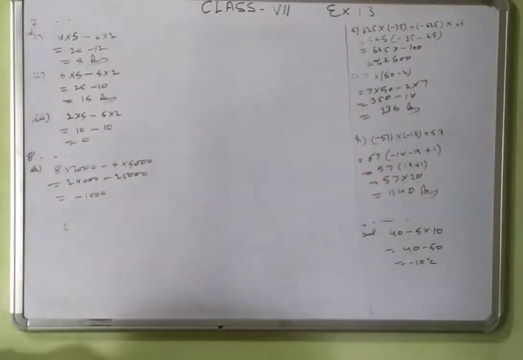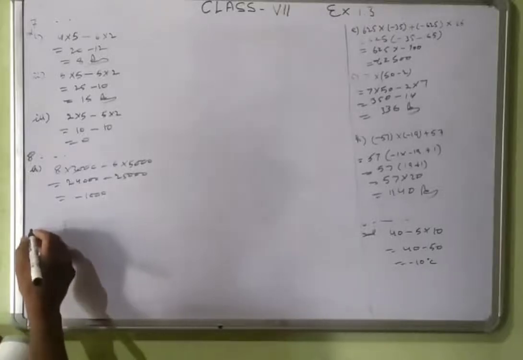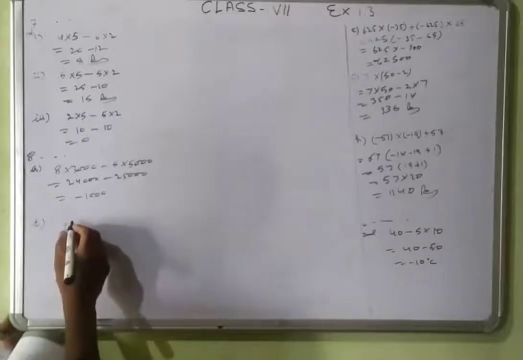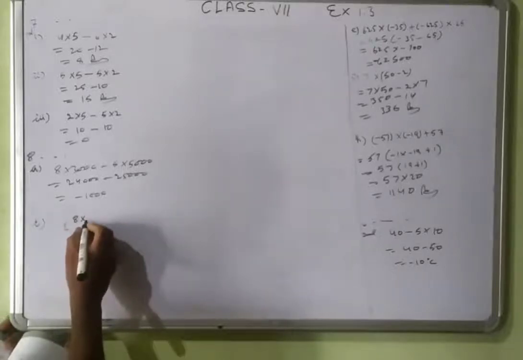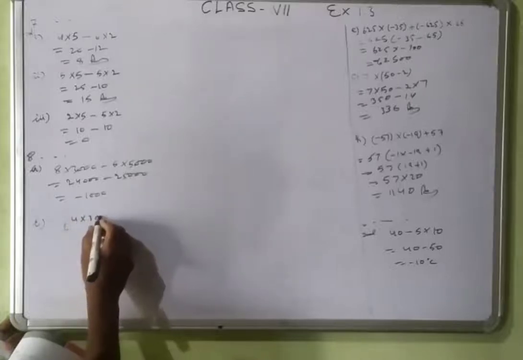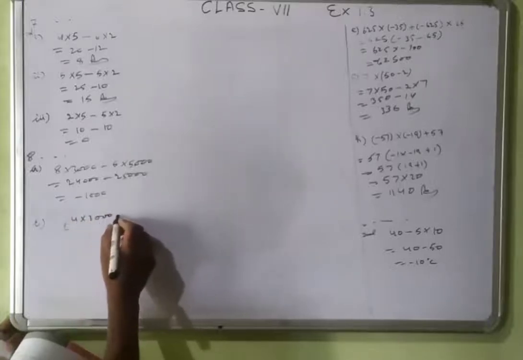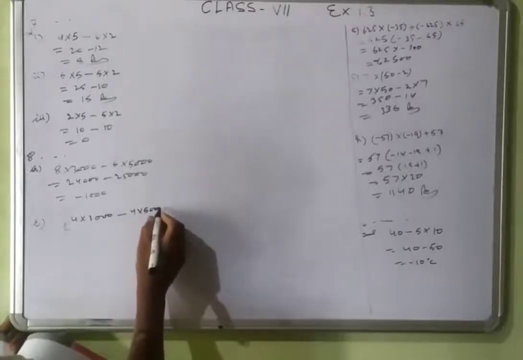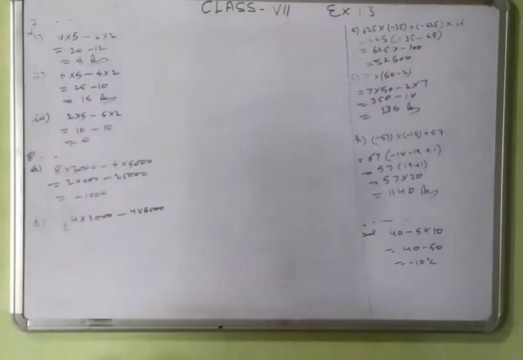What should be the number of white cement bags it must sell to have neither profit nor loss? Neither profit nor loss. So that will be 8 multiply, 4 multiply 3000 minus 4 multiply 5000, that will be 4000 bags.